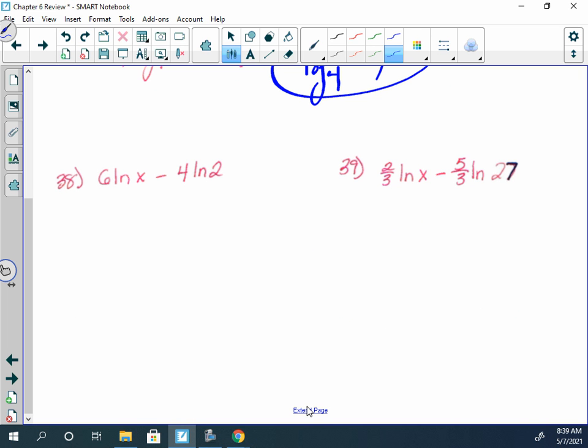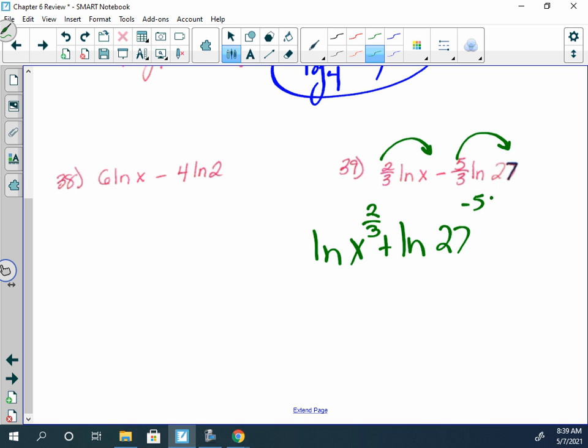So when we look at 39, again, the first thing I'm going to use is our power property, which will give us ln of x to the 2/3 plus ln of 27 to the negative 5/3.